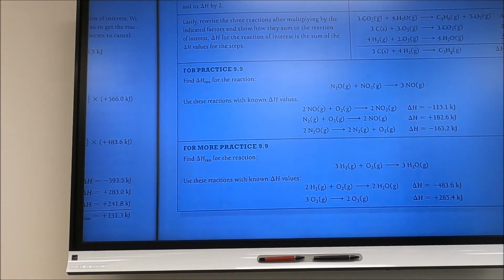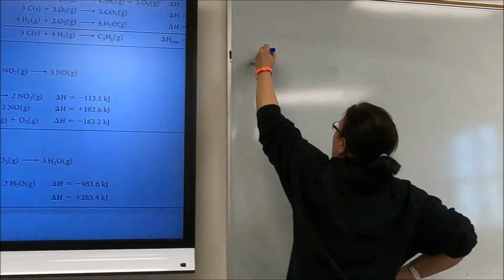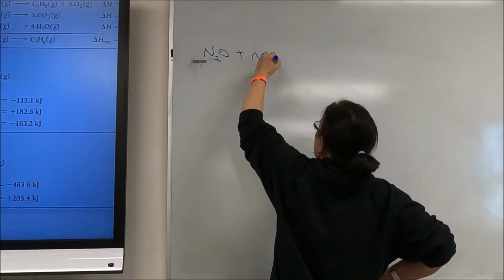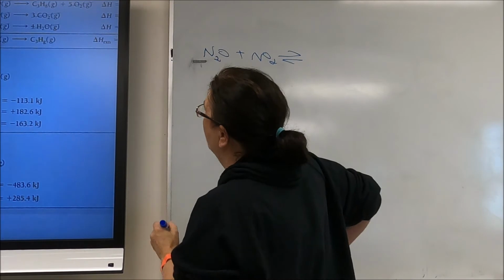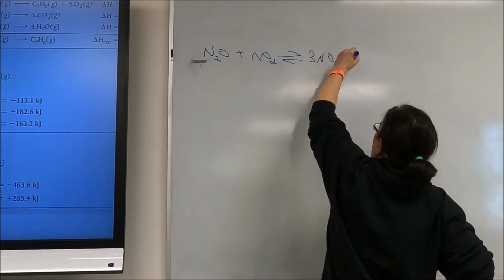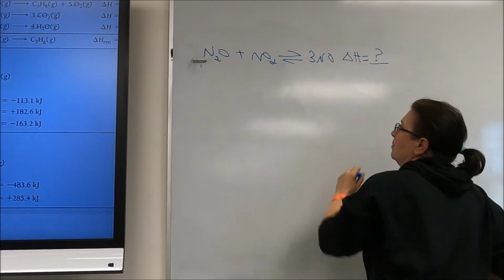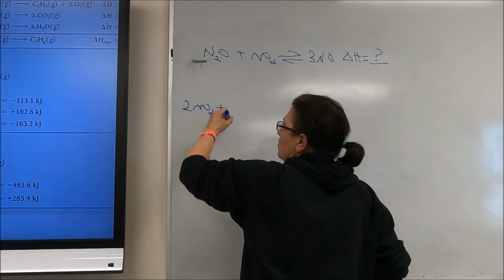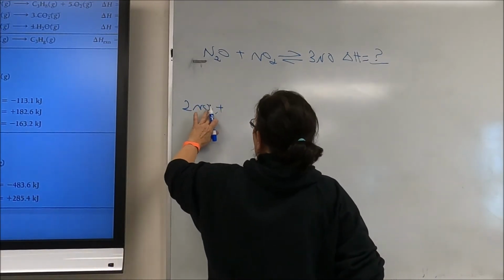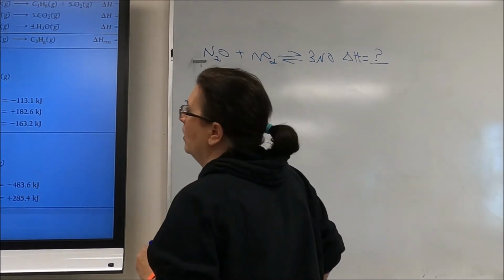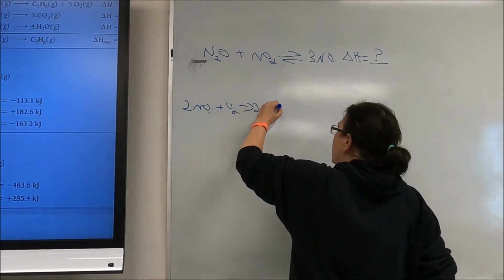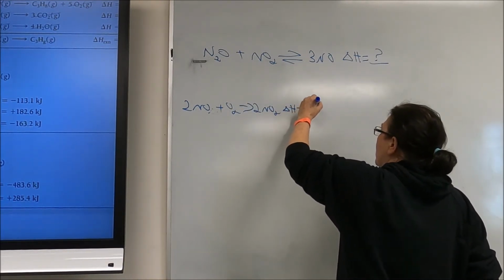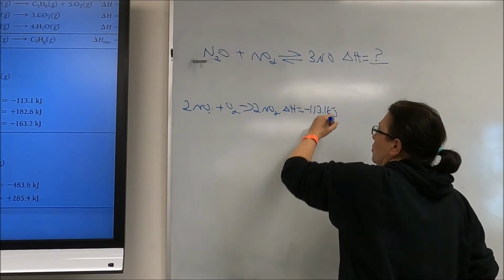Okay, so I'm going to start writing things on the board. So N2O plus NO2 goes to 3 NOs. And I know the delta H for this reaction. Now the first reaction we're given is 2 NOs plus an O2 going to 2 NO2s, and the delta H here is given to us as minus 113.1 kilojoules.